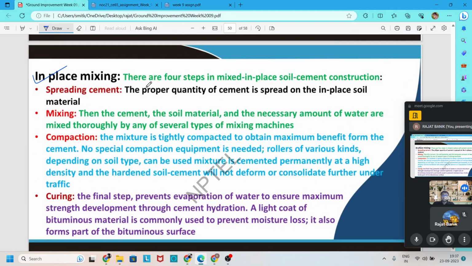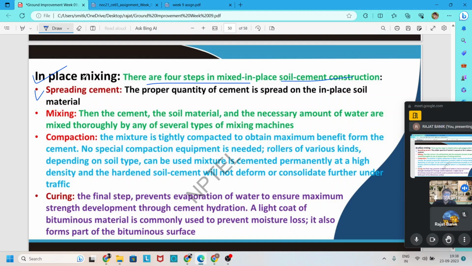In mixing, four steps should be followed during soil cement construction. The first step is spreading the cement. The proper quantity of cement is spread on the field in-place soil material.